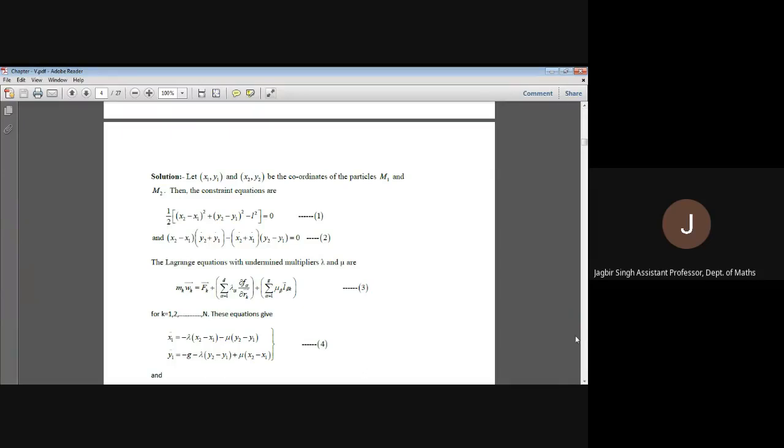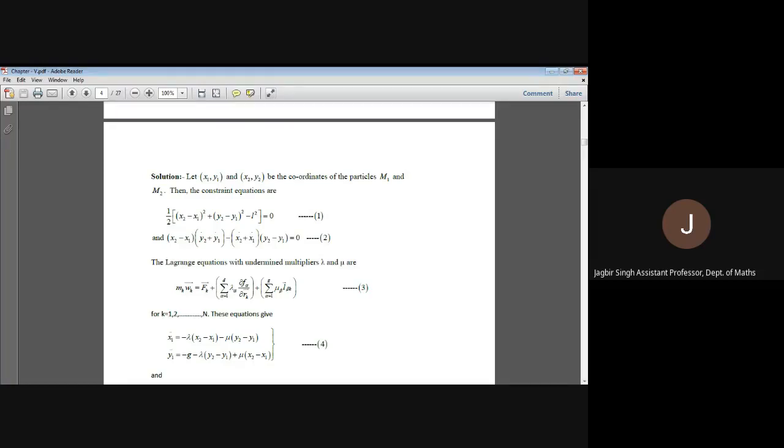Now I am going to equation 4. It is for the y1 coordinate. So on the left hand side the acceleration component is there, y1 double dot is equal to, now the motion is in a vertical plane and gravitation attracts downward. The gravitational force is in the negative side, so it is minus g.